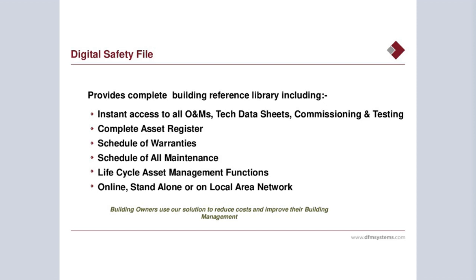What we will include in our safety files is a complete asset register, a schedule of warranties, a schedule of maintenance, and we also have the ability to carry out life cycle asset calculations for management functions, and the file itself, to be truly effective, should be capable of operating online, standalone, or on a local area network. So there's no barrier to people being able to access and use the information.